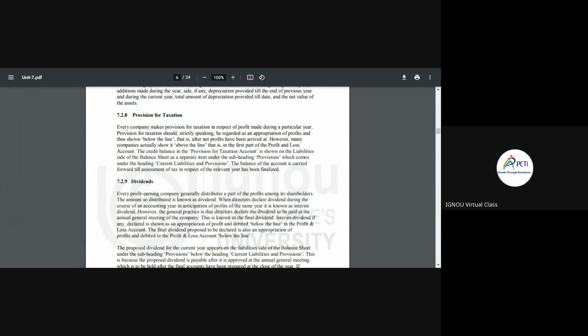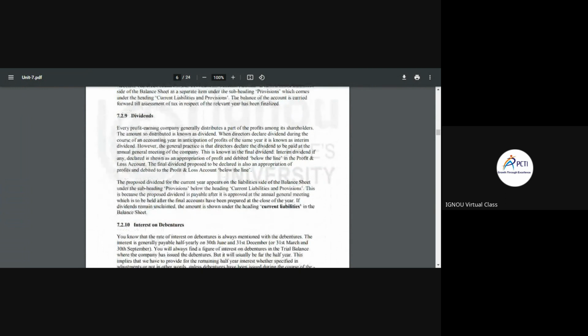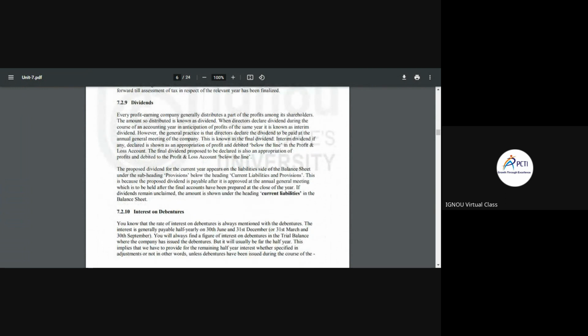Next one is dividend. Dividend we need to pay to the shareholders out of profits. Dividend will be paid from the profits only, and if there is extra profit, we can give it to the shareholders in the middle of a particular year.